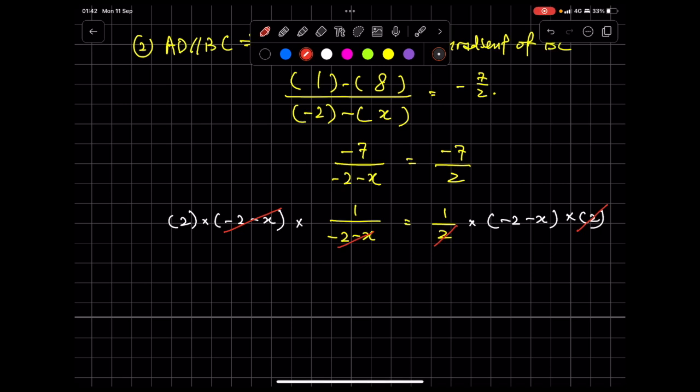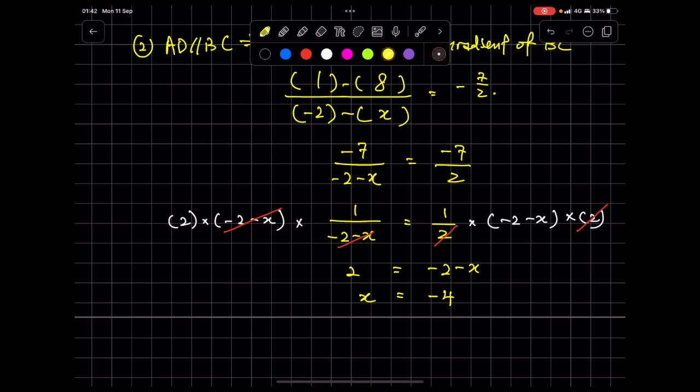What I have left is, on the left hand side, 2 times 1, which is 2. On the right hand side I have 1 times that bracket, so -2 minus x. I want to find x, so I'm going to add x on both sides. So x will appear here, plus 2 equals -2. Now I can straight away do -2 minus 2, so I get x equals -4.